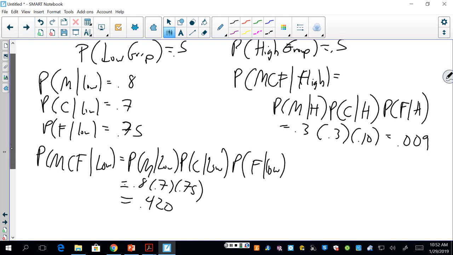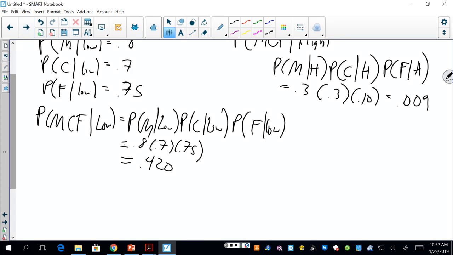So overall, the chance of having this response, whether you're in the low group or high group, unconditional on which group you're in. So out of the entire population, what percent of the sample is having this particular response?